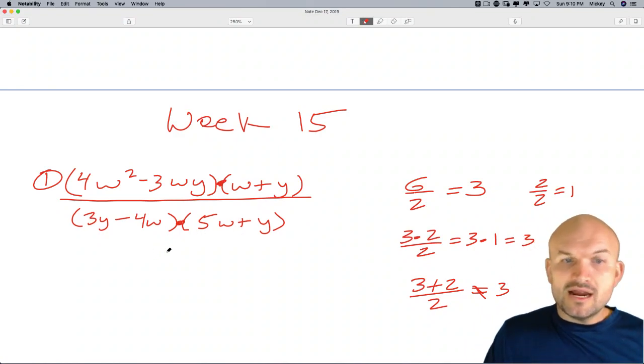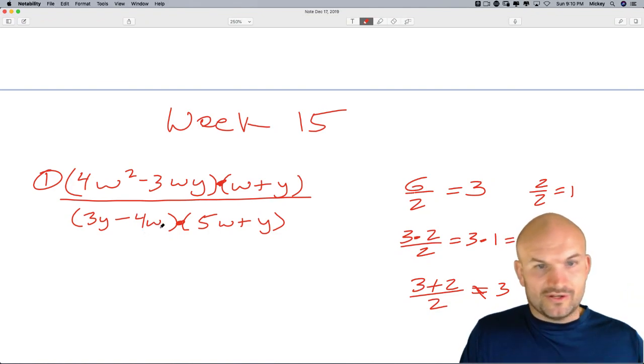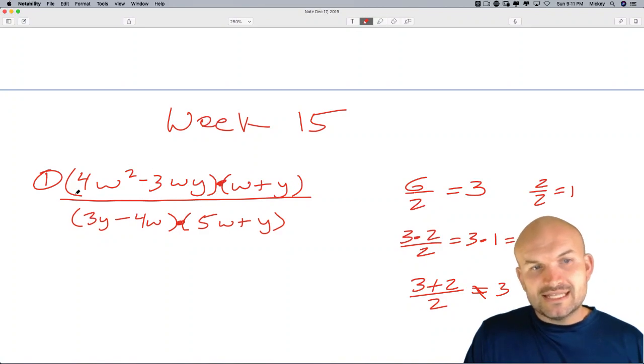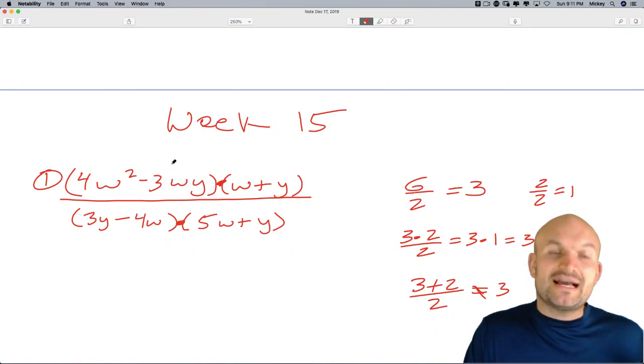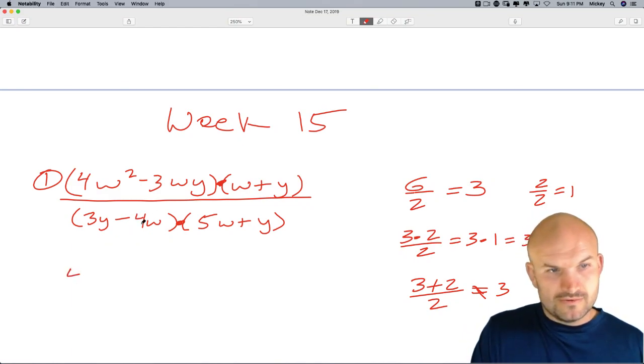So we ask, can we simplify this any further? Is there anything else we can do? Well, I recognize that in this expression, both of these terms share a w. They have a common factor of w, which means I can factor out a w.